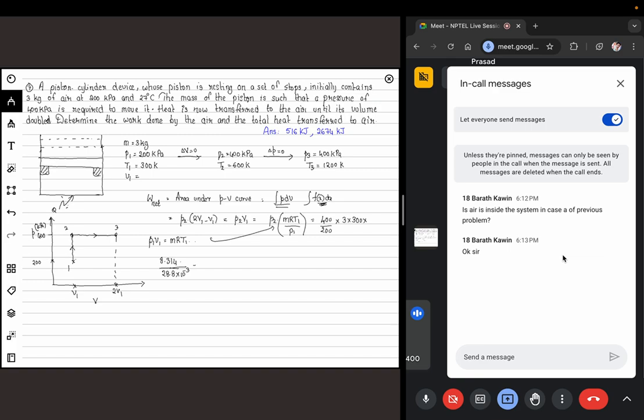This will be the value of R that you should be using, which comes out to around 289 joule per kg Kelvin. Depending on the molecular weight of the gas, your R value will actually change. So what is the value you will get here?